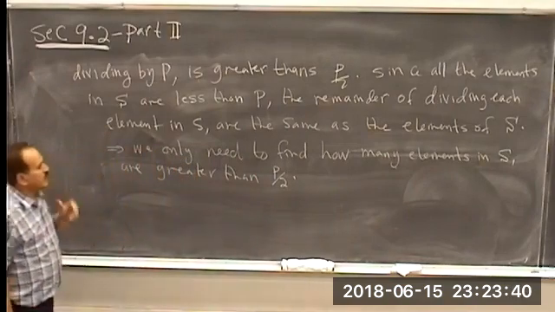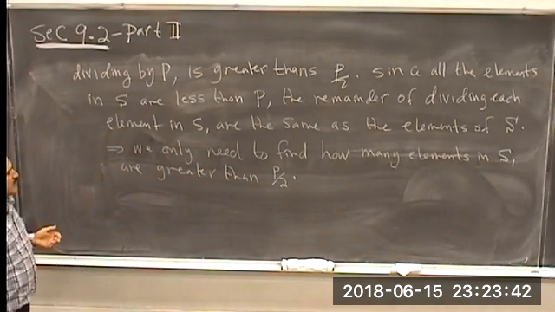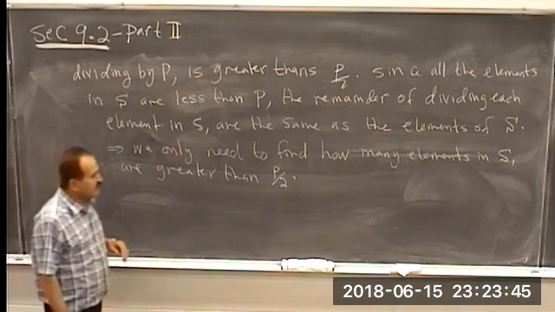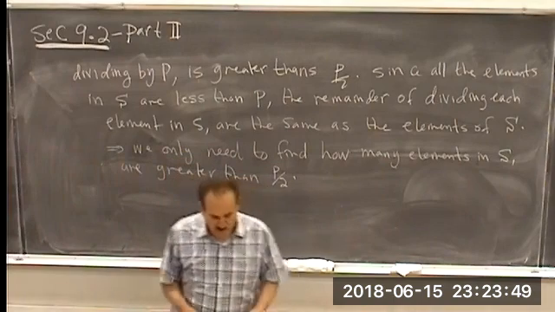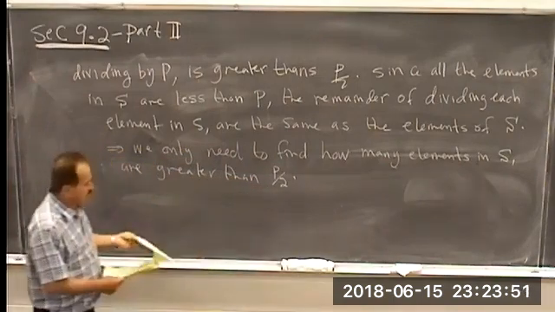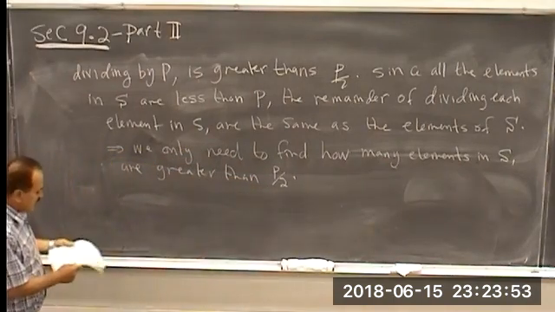To do that, we're going to find the number of elements that are less than p over 2, and subtract that from the total number of elements. So the strategy is going to go like this.